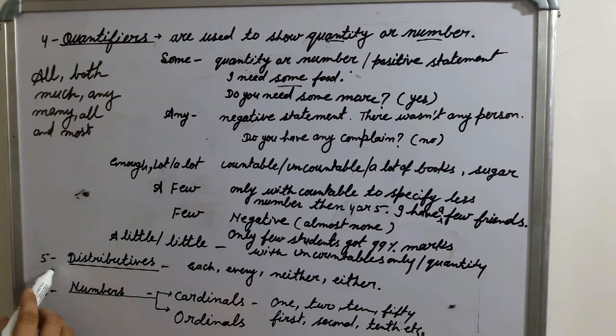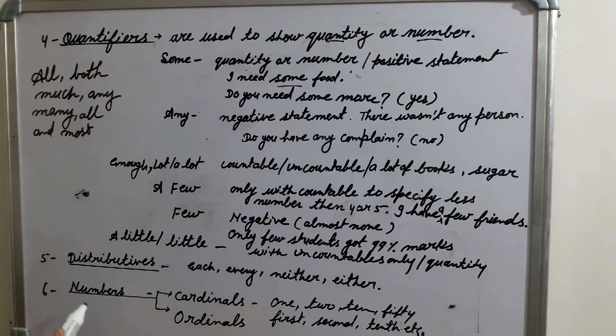The fifth type of determiner is distributive. Each, every, neither, either. As you know, the use of each and every for singular person, and neither and either is used for two.